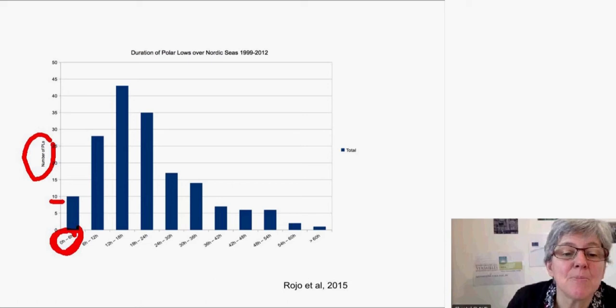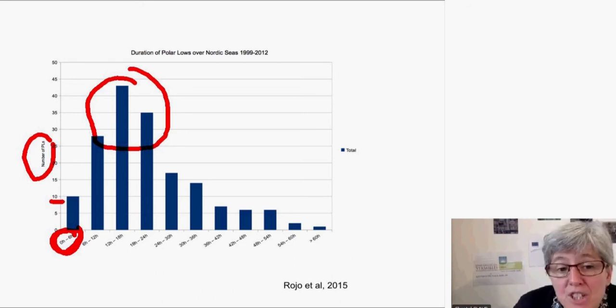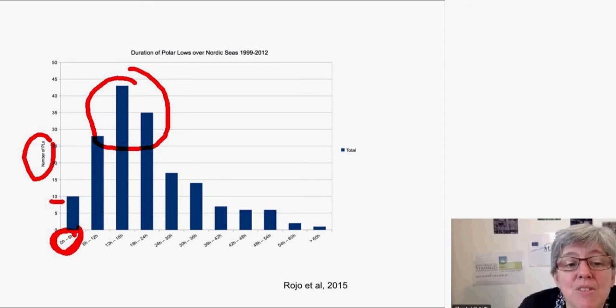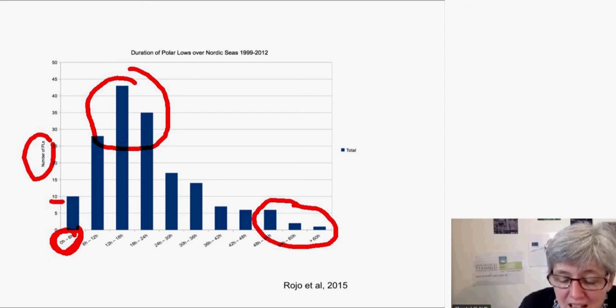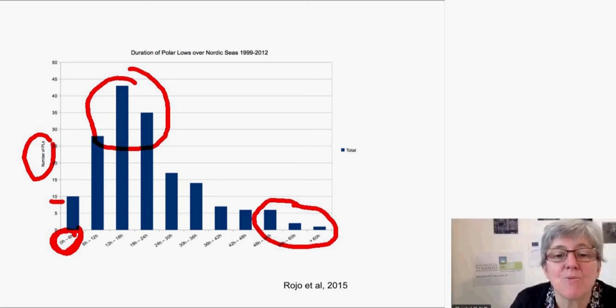So the maximum is really, let's say, between 6 and 24 hours, with a maximum at 18 hours. But occasionally, you can have systems which last more than 2 days, but it's pretty marginal, okay? So all this shows that the size and duration of polar lows might be quite different, even if you get some maximum values. We have a phenomenon which can take different forms depending on the cases.